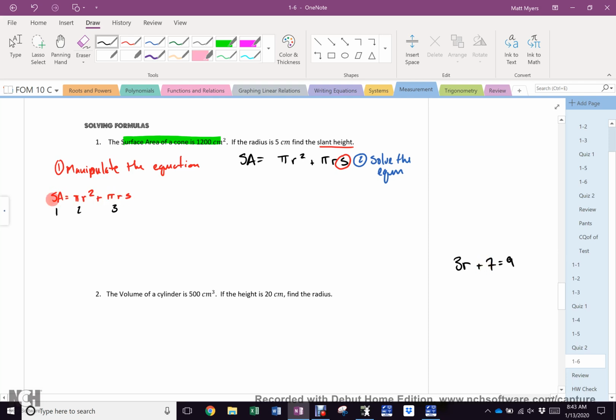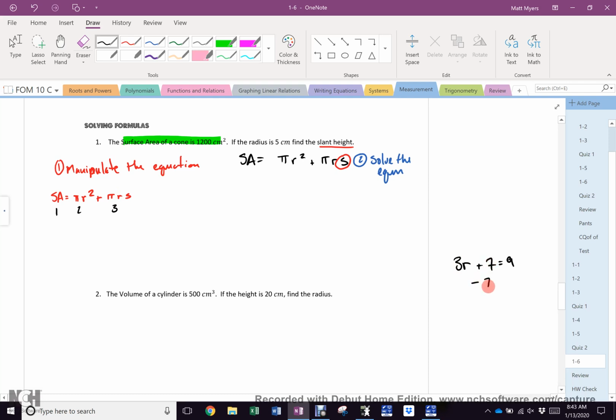Where here has the variable that we are trying to find? Term 3, yes? So I can't touch term 3 until when? Till everything else is dealt with, yes? Just like we wouldn't touch this term until we dealt with the 7, yeah? Okay, how do I get rid of the 7?